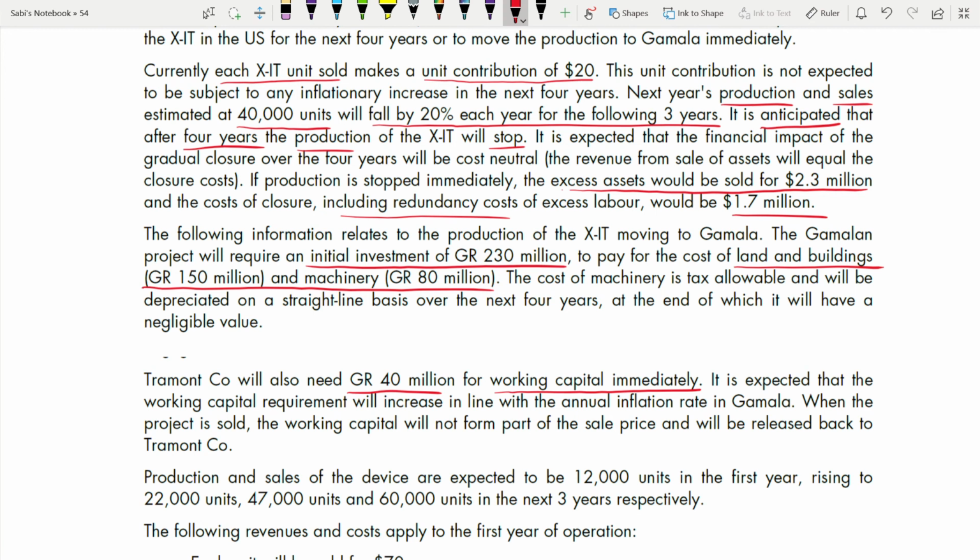You don't assume. They will clearly tell if something needs to be increased or not. If not, they will at least give you the inflation rate of each year, that sales will grow at this percent, cost will fall by this percent. So you don't have to worry so much about it. Clearly, they will tell you.